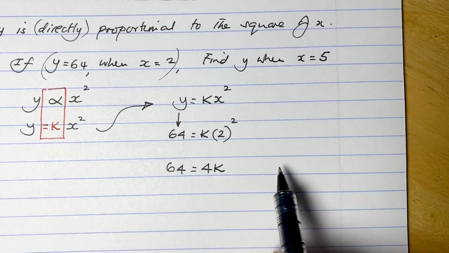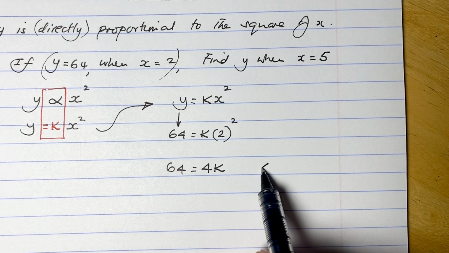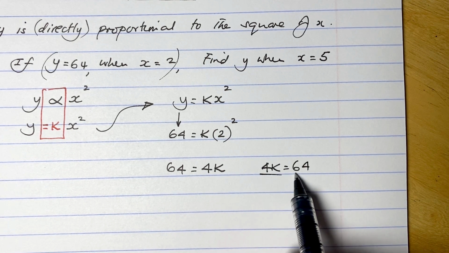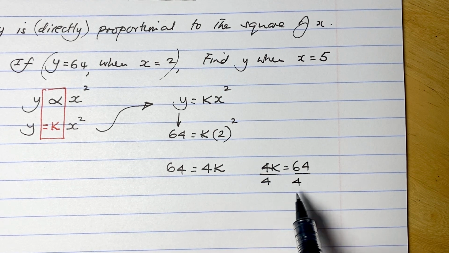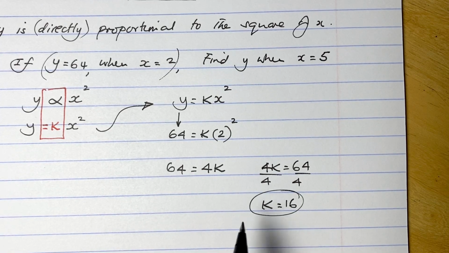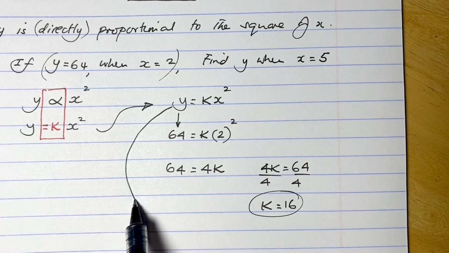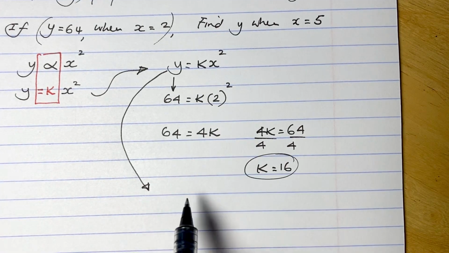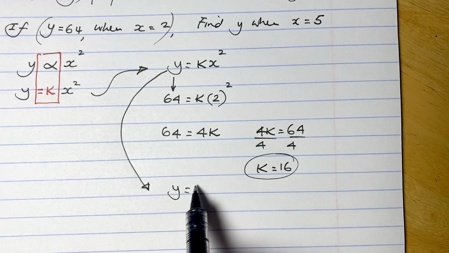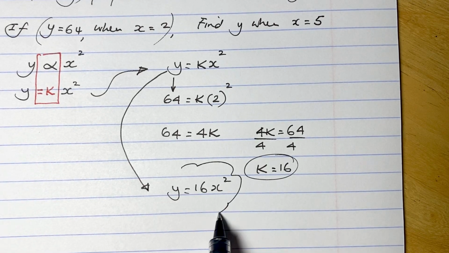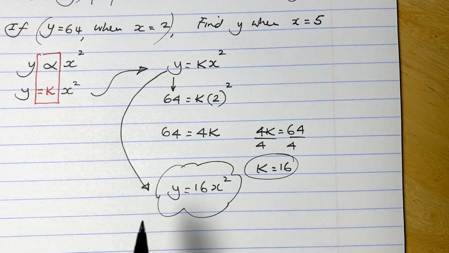Dividing both sides by 4, k equals 16. You now need to replace k equals 16 in that equation that we constructed. So y equals 16 x squared. That is the formula connecting x and y.